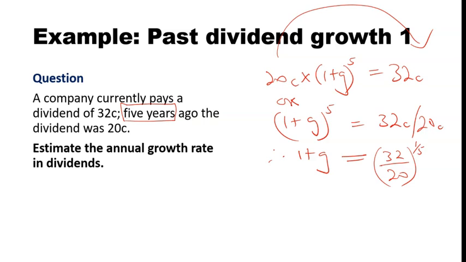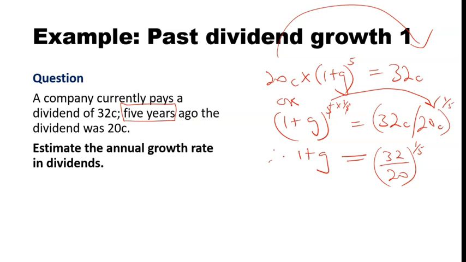Please don't wonder where the 1 over 5 has come from. We have removed the power 5 to that side, so you just have to multiply it by 1 over 5, so that the 5 cancels out. And you also multiply this side by 1 over 5. This is why we are seeing the 1 over 5 on that side.